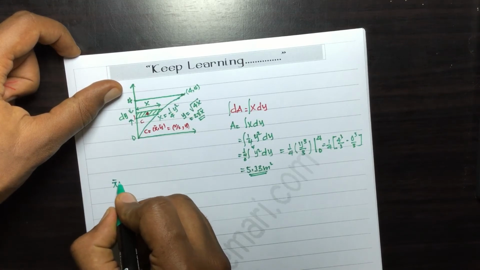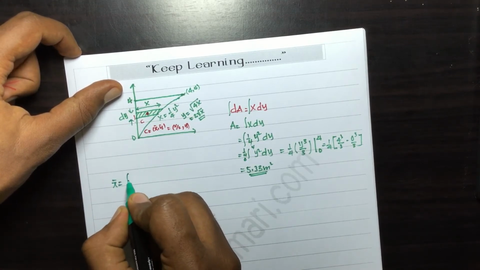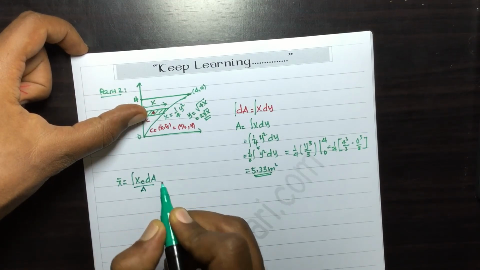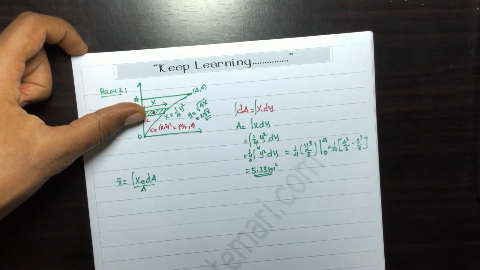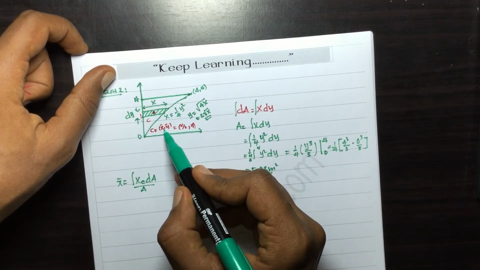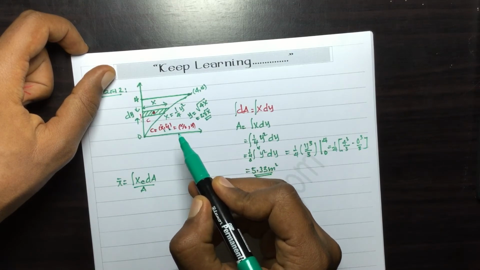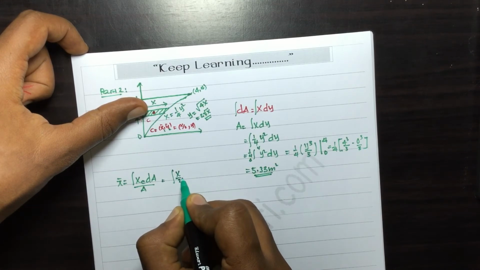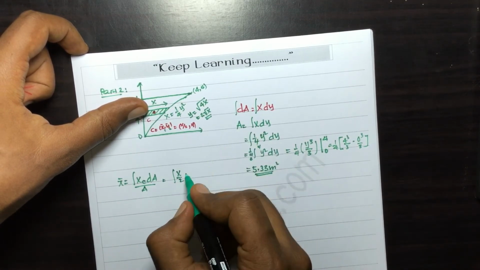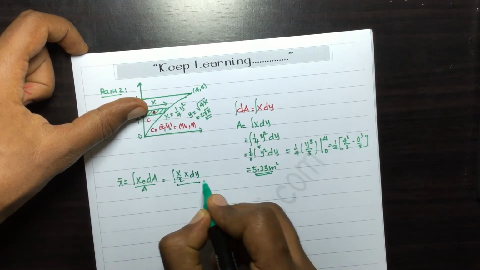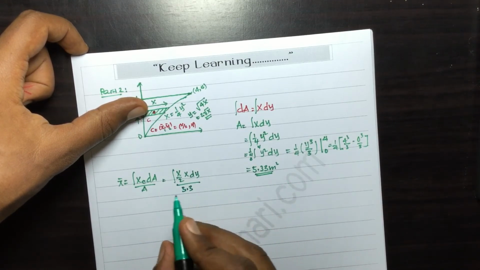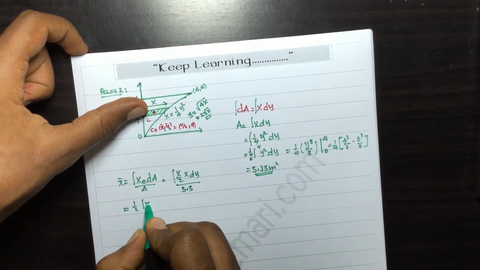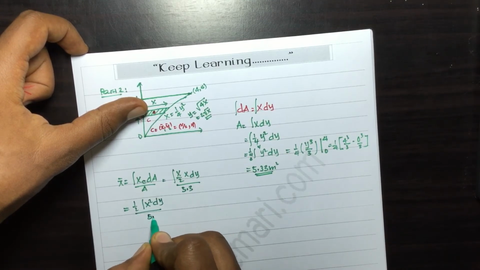What will be x bar here? x bar is, as we have just discussed earlier, the integral of xc dA over the area A. xc is x over 2, and dA is x dy, over the area A, which is 5.33. That means 1 over 2 the integral of x squared dy over 5.33.